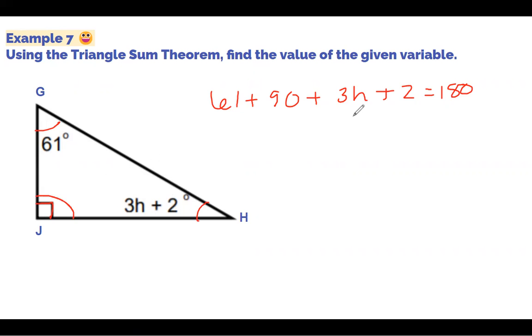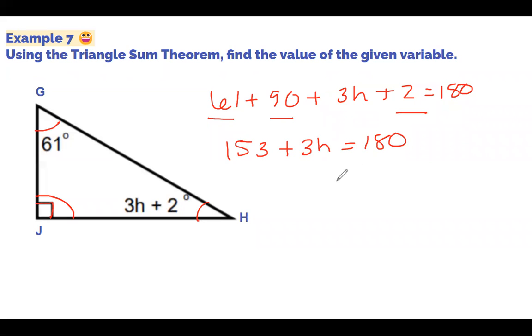All right, now all together, how can we solve this equation? All right, Neri, help me out. Combine 61 and 2? Wait, 61 and 90. So what do we get? 151, plus 3H plus 2 equals 180. All right. Who can help me with the next step?